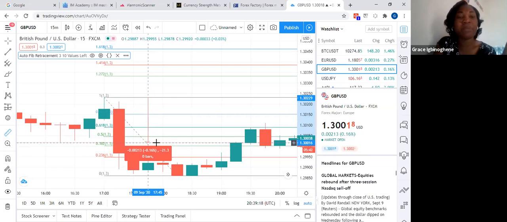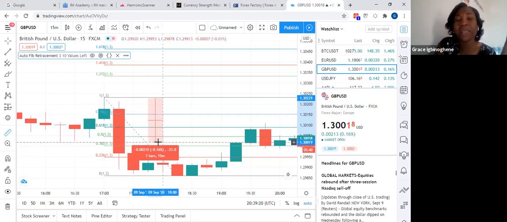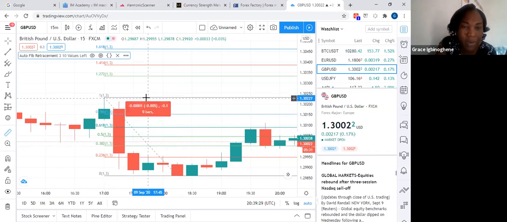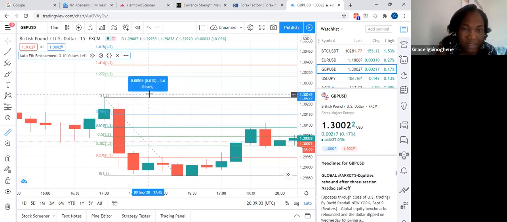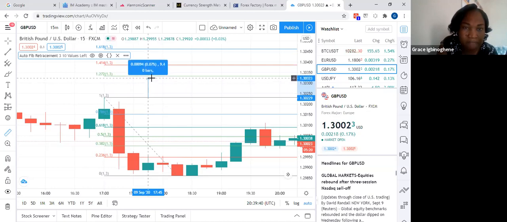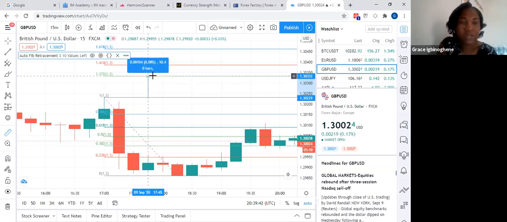Since I'm gaining 21 pips, I am willing to risk 10 pips to get 21 pips. So how do I now measure my stop loss? I just go back to the entry point, number 1, and then I take it up to 10, right at this next point.